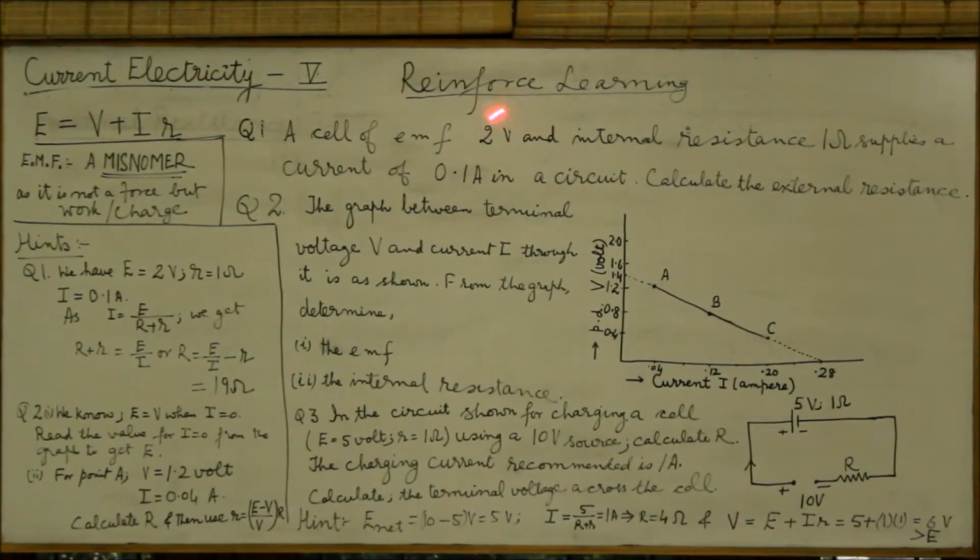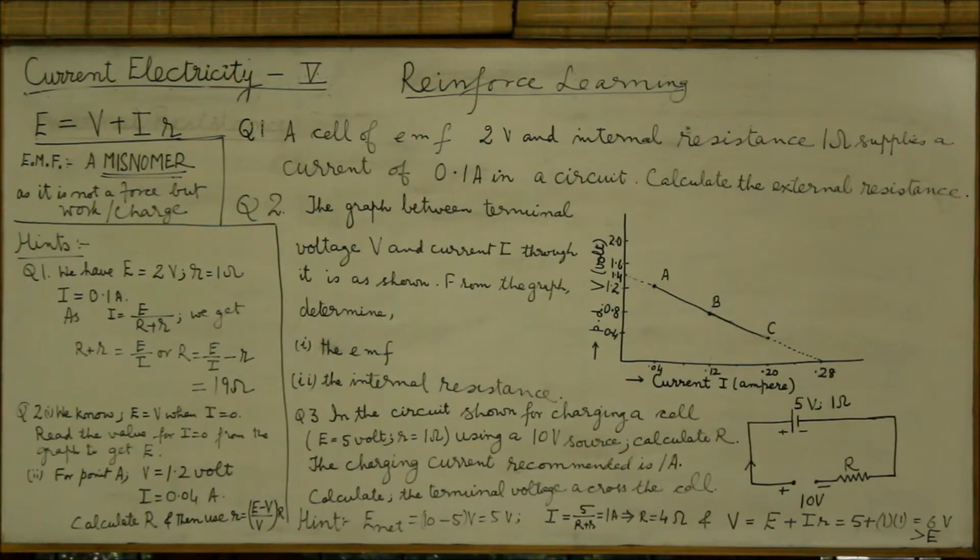Let us now reinforce what we have learned so far through this small part, reinforcing learning. We have studied a relation between EMF E, the terminal voltage V, the current I, and internal resistance r as E equal to V plus I into r.